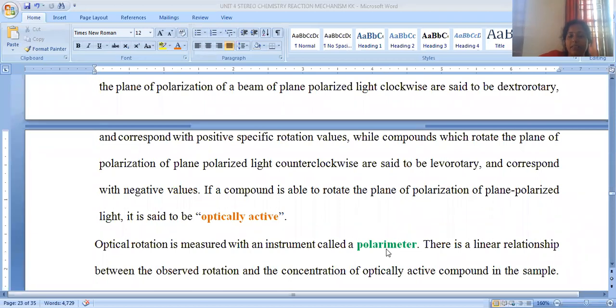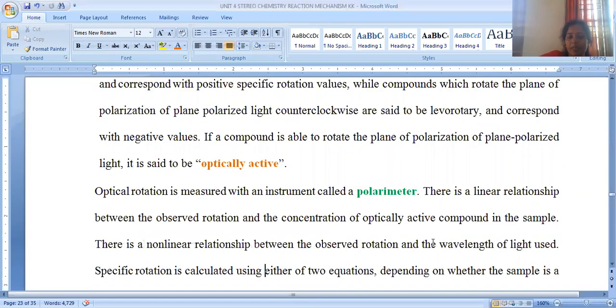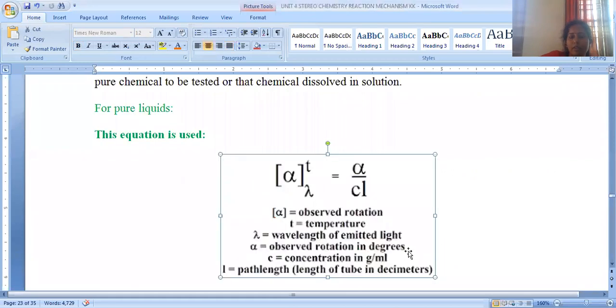Next, let us see what the formula is for the calculation of this specific rotation. Here we have specific rotation, alpha within the square bracket, is equal to alpha by C L. Specific rotation is equal to observed rotation divided by concentration times L, where L stands for path length, the length of the tube in decimeters.